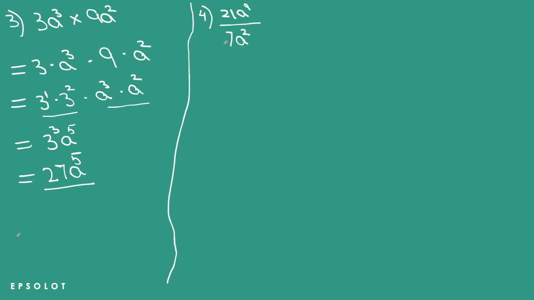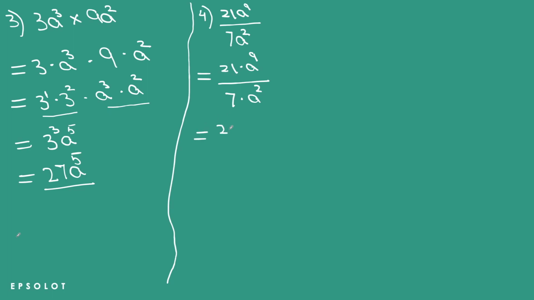Now, first things first, just like we did earlier, everything is being multiplied with each other, right? So 21 times a to the power of a 9, 7 times a to the power of a squared. What I'll do now is break up the fraction.